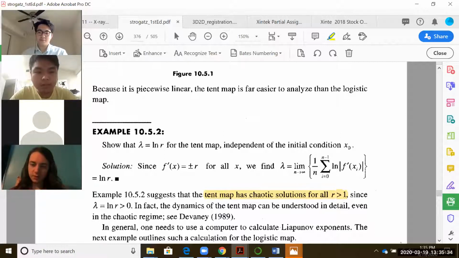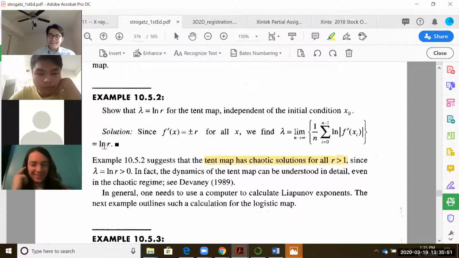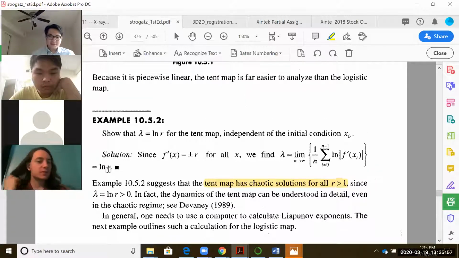Okay, now I hear you. So the question is, for what r value is it chaotic, and for what r value is it stable? What do you think, Dan?